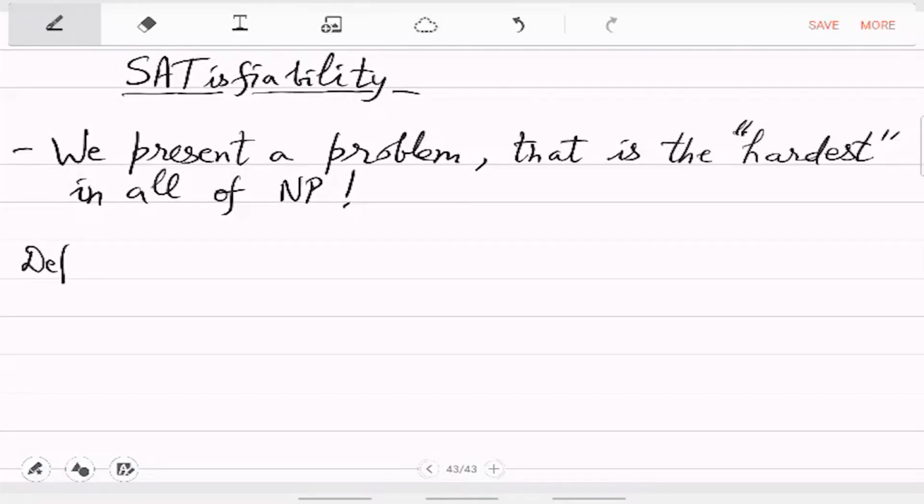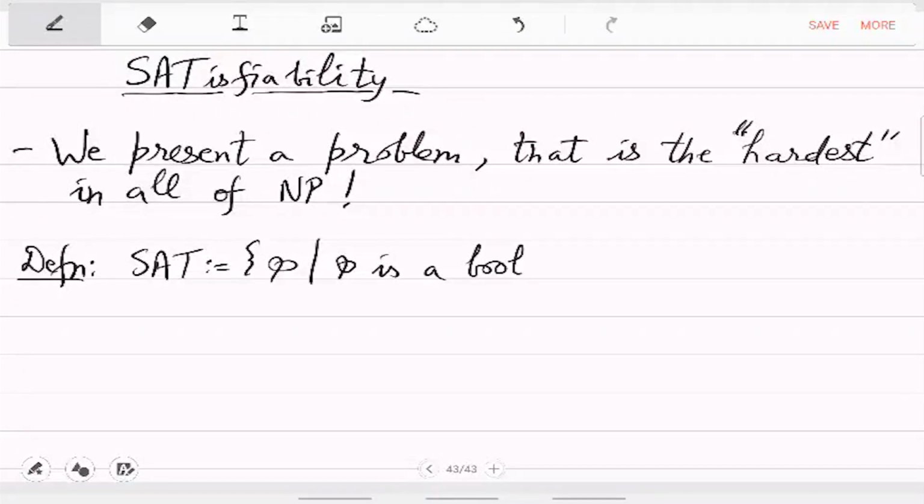So, in the course overview we have discussed this. Let us now formalize. It is called SAT. It contains Boolean formulas. Phi is a Boolean formula in CNF.